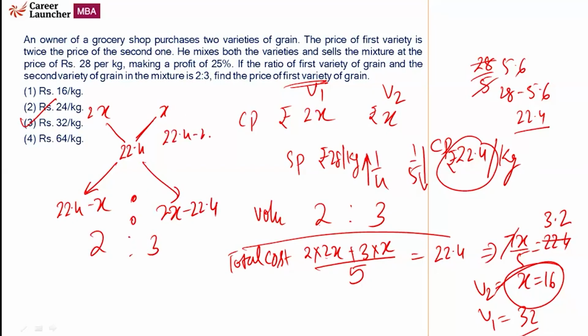So (22.4 minus x) upon (2x minus 22.4) is equal to 2/3. I will cross multiply: 3 4s are 12, 66, 67.2 minus 3x is equal to 4x minus 44.8. I will take this across: 112 is equal to 7x.